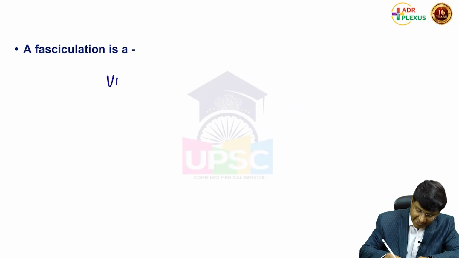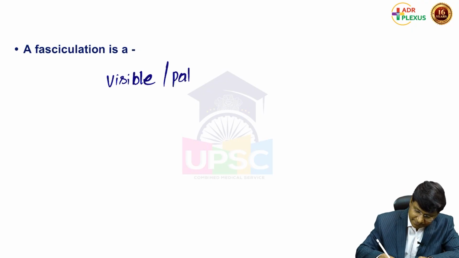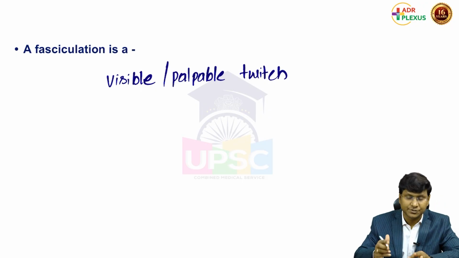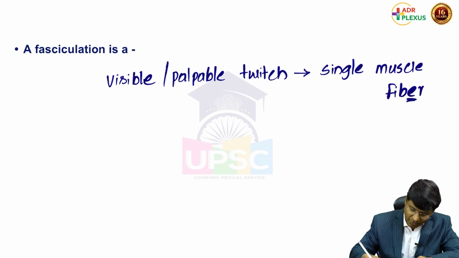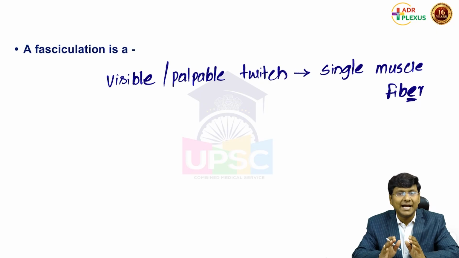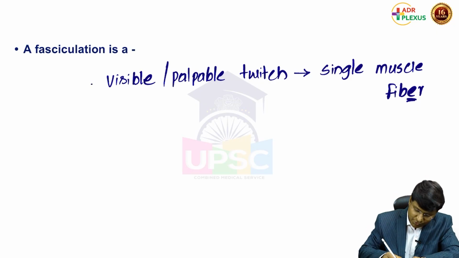Fasciculations are a visible or palpable twitch within a single muscle fiber.